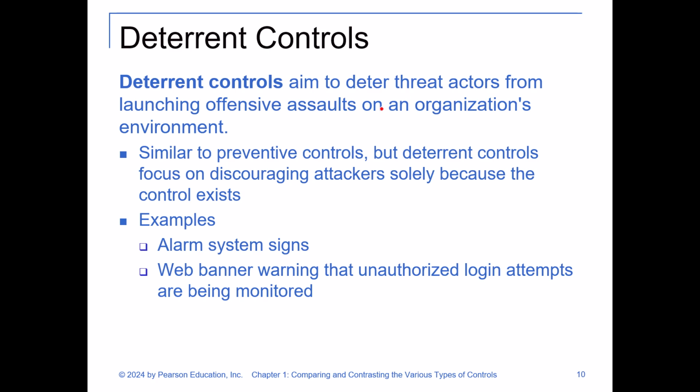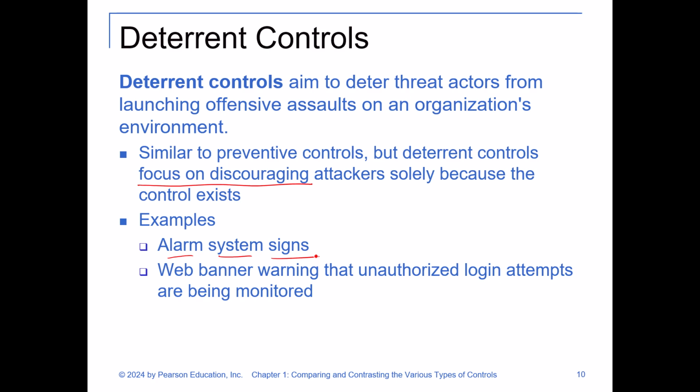A deterrent control aims to deter the threat actor from launching offensive assaults on an environment. This is very close to a preventative control, but a deterrent control focuses on discouraging the attacker because the control exists. Examples: alarm system signs. You might put an ADT sign in your front lawn.